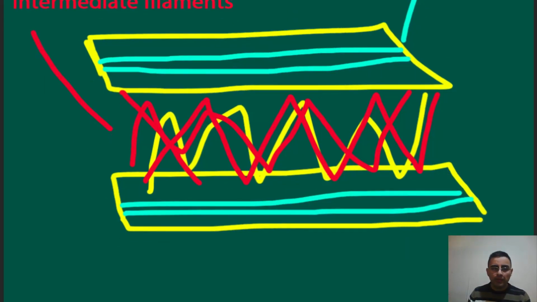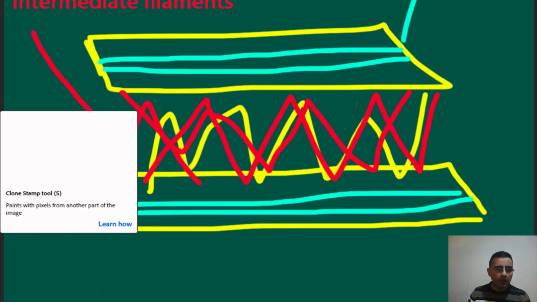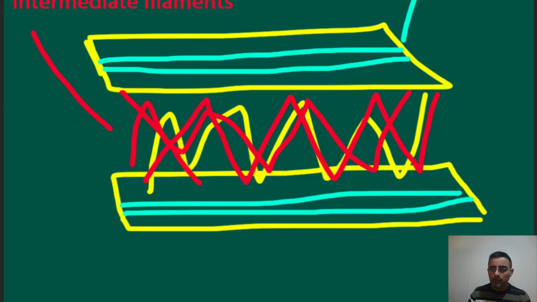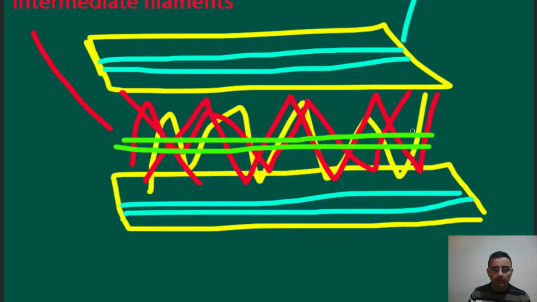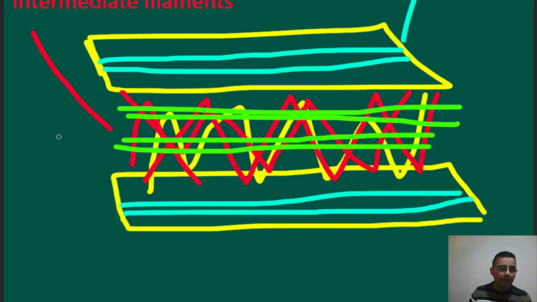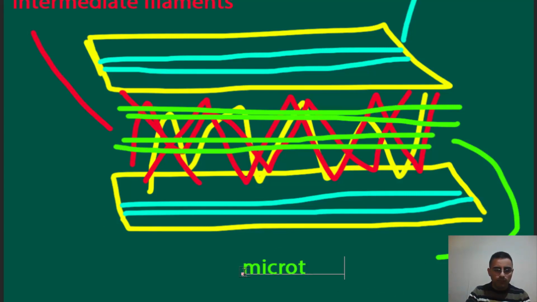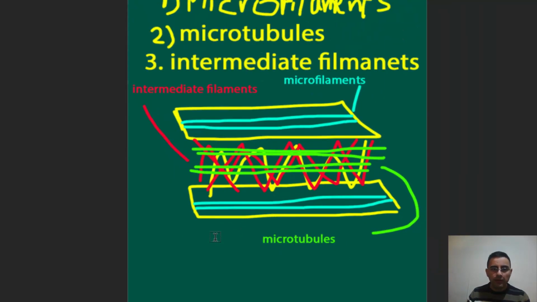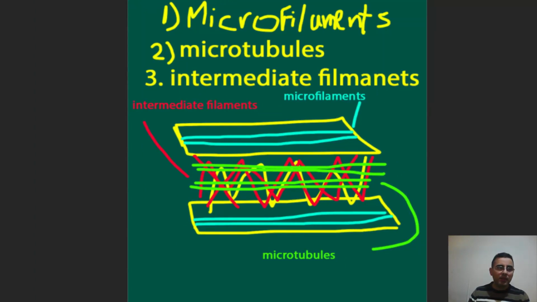Microtubules are also inside the cytoplasm, but here. Let's color it in green. Here are microtubules. So you can see the location of microfilaments, intermediate filaments, and microtubules.